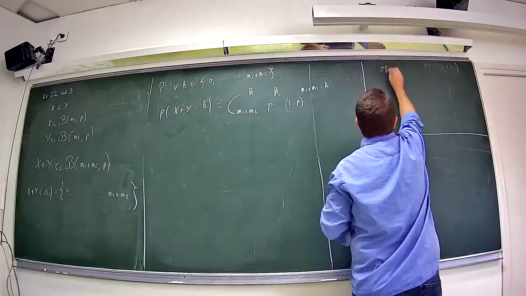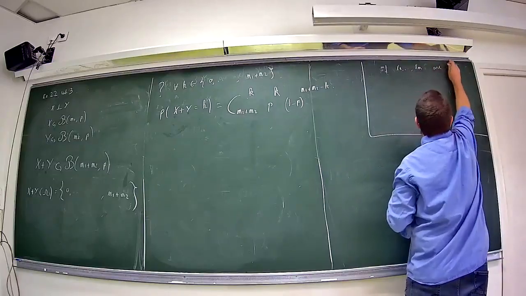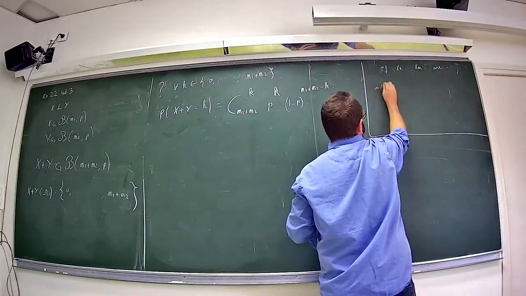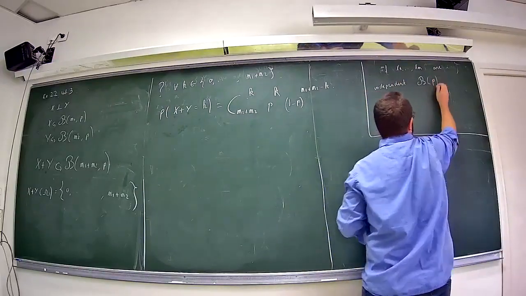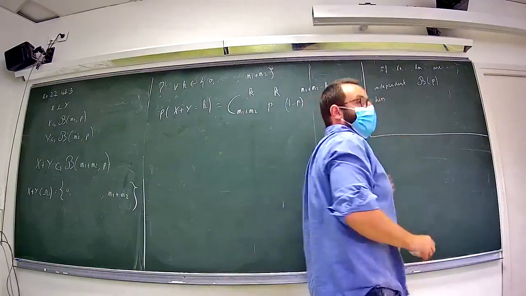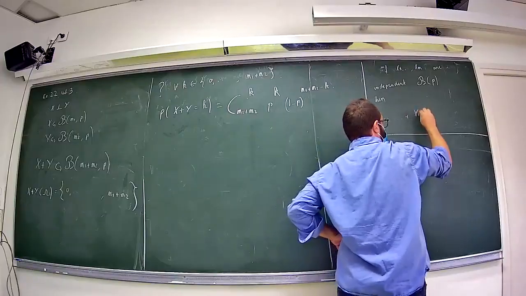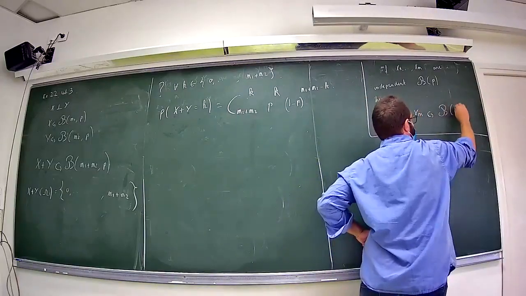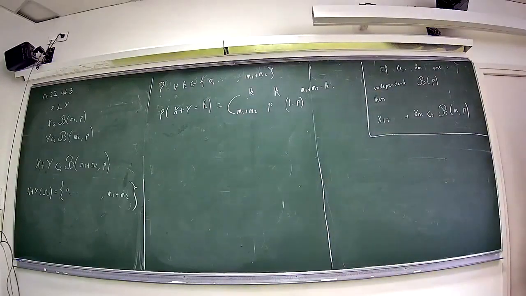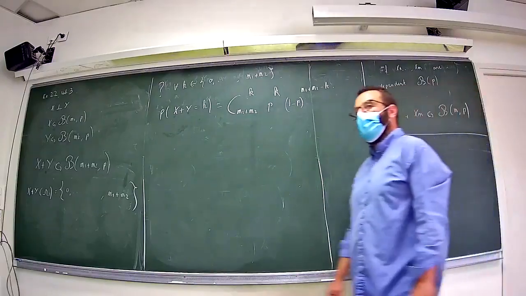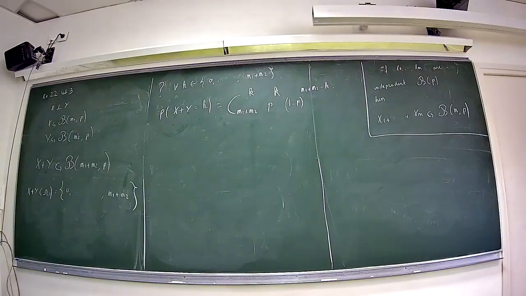If X1, ..., Xn are independent Bernoulli of parameter p, then, as I have proved by induction, X1 plus ... plus Xn follows a binomial B(n,p). So it is an equivalent characterization of the binomial distribution of parameter n and p, seen as the sum of n independent Bernoulli of parameter p.